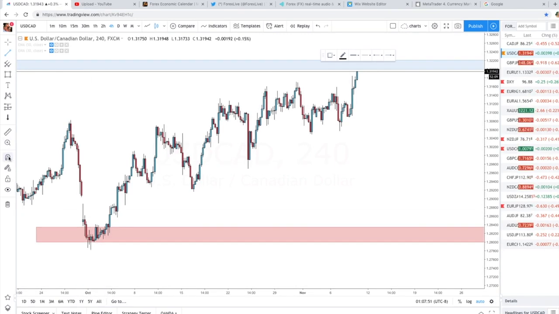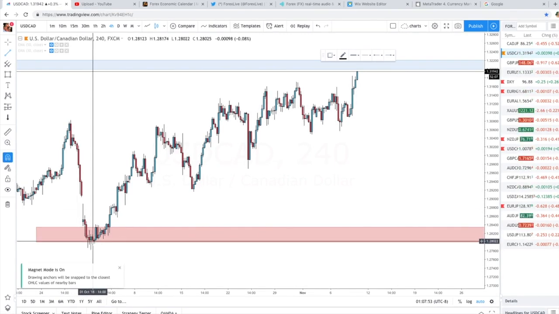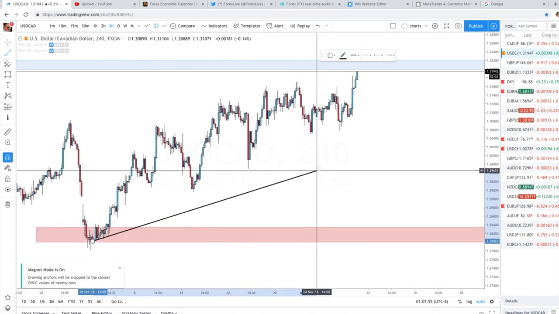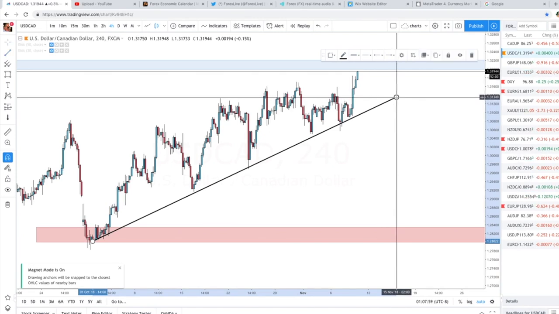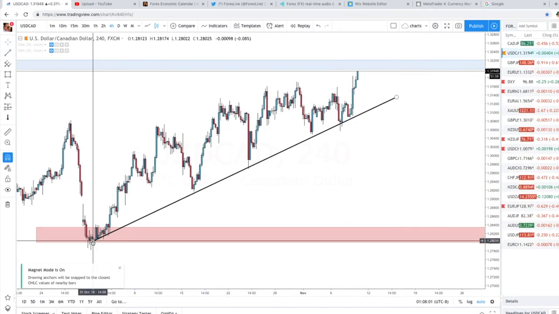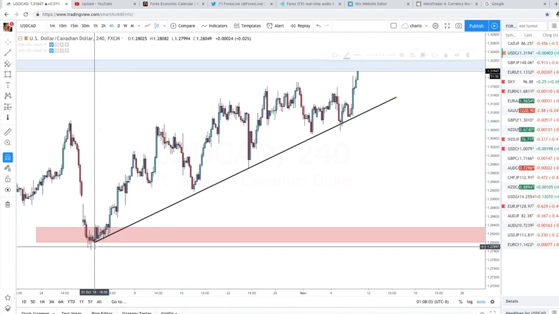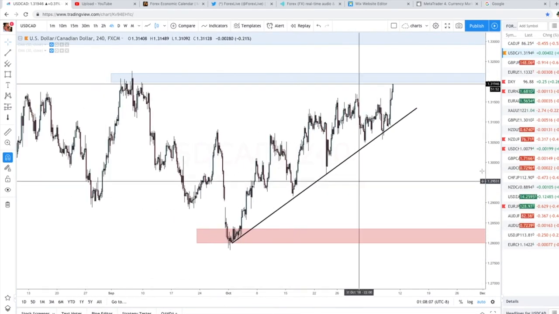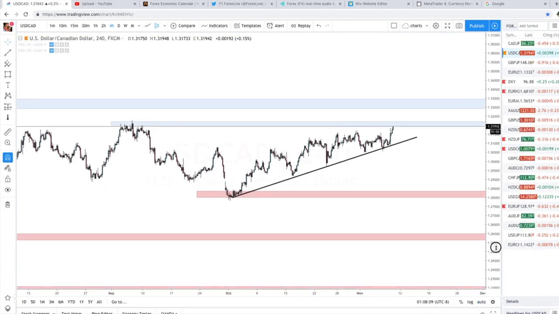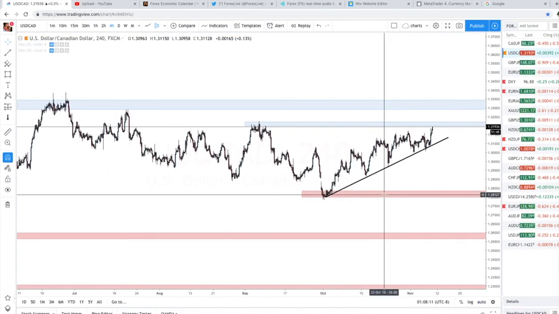So using this magnet, it'll do it itself, so it'll just go straight up. Okay, so on the 4 hour, you can see what price is doing as well.